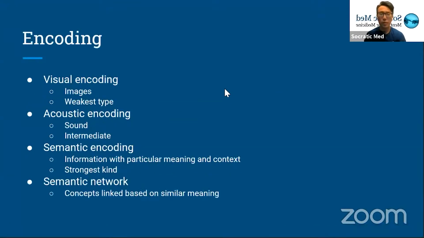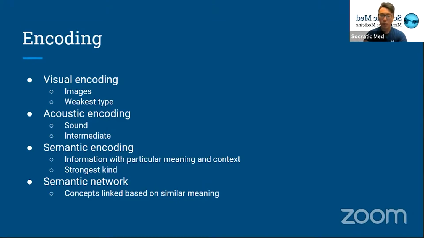There are different types of encoding. Visual encoding is when we take in information through images that we see with our eyes. It's the weakest type because there's so much that we can see at once and it's hard to process everything at the same time. Acoustic encoding is when we process sound information from our surroundings, and it's intermediate.